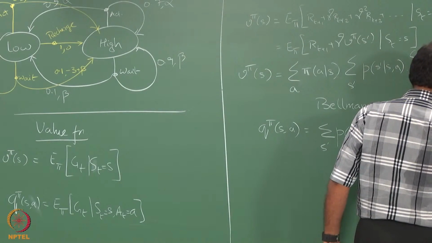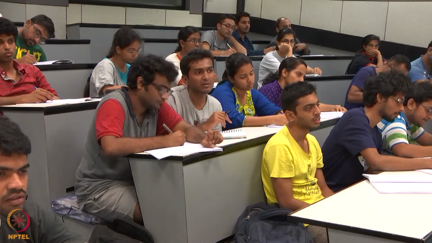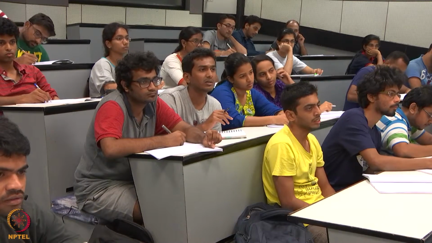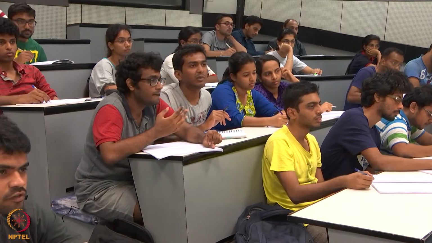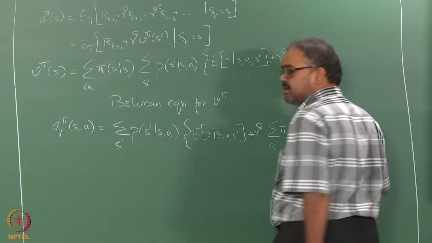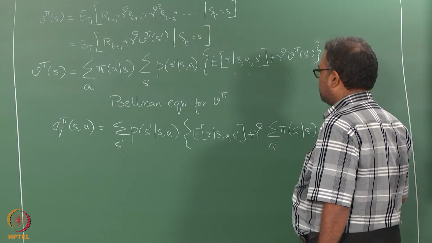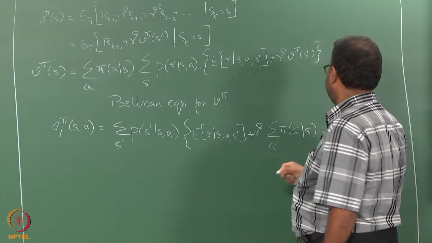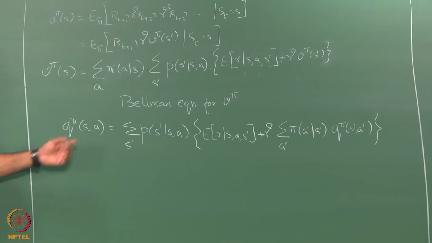So summation over all actions... this is the Bellman equation for Q pi.